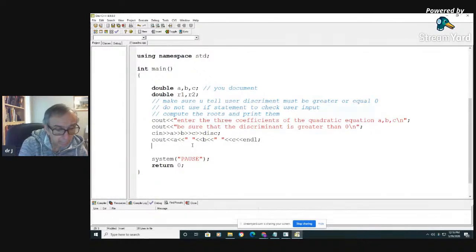So if we want to compute the discriminant, it's b squared minus 4ac. So b squared, we do b star b, minus 4 times a times c. Let's print that out.